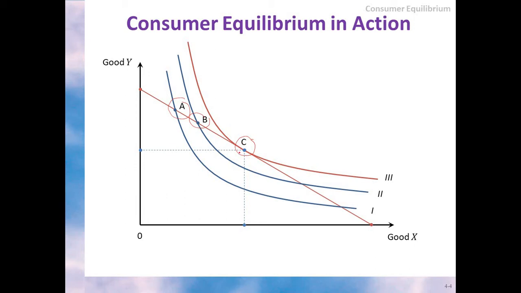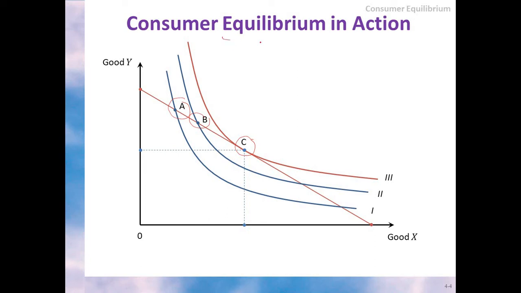If we talk about satisfaction, the farther the indifference curve from the origin, whatever bundle lies on that curve will yield the highest level of satisfaction. Between A, B, C, C lies on the higher indifference curve, which is indifference curve 3. So in terms of satisfaction, C gives more satisfaction than bundle B, and bundle B gives more satisfaction than bundle A.